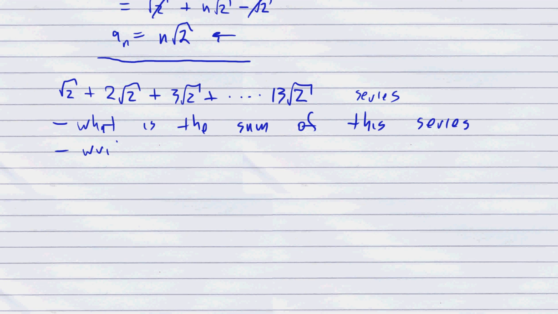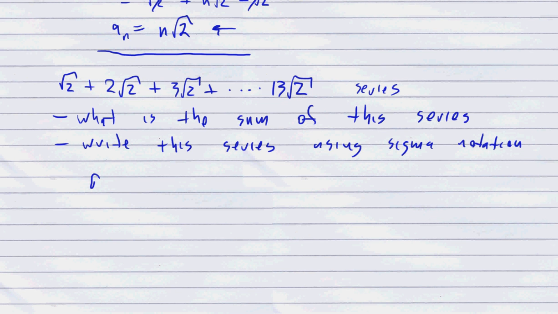Now, let's write this series using sigma notation. If we've got a certain arithmetic sequence a sub n, like the one we just have there, which is equal to n times rad 2, then the series in sigma notation is the sum from 1 to n of n rad 2.